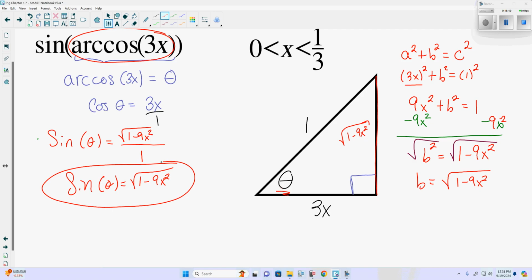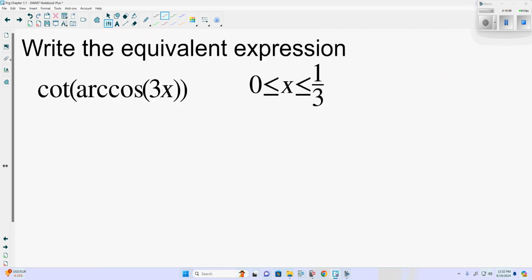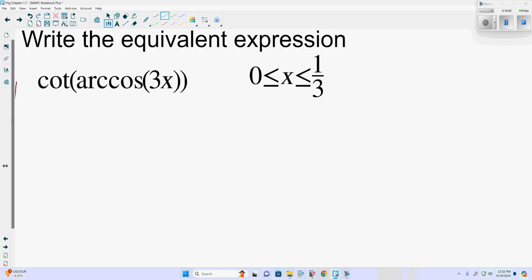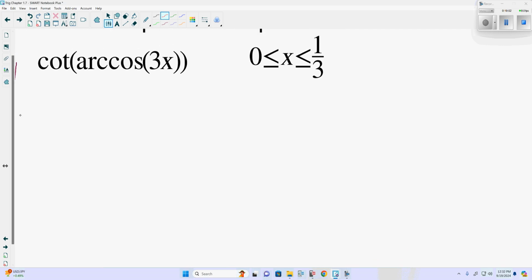And then we used the triangle, because that's our angle, to find sine. Questions? We're going to do this again. Now we already have the triangle. Let's go through the whole process again so we can see this.